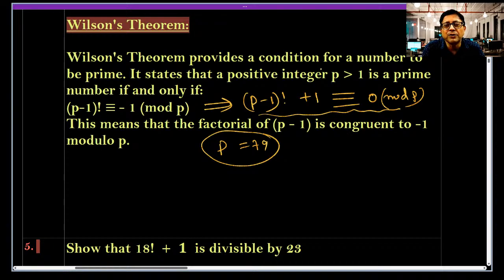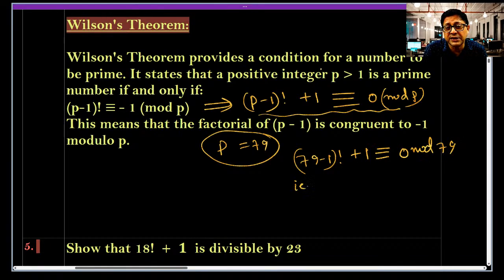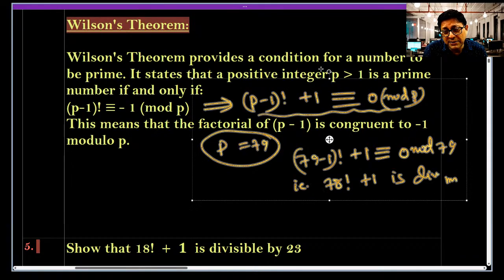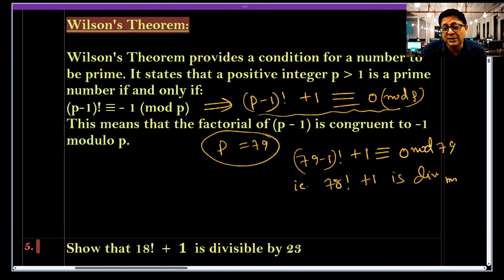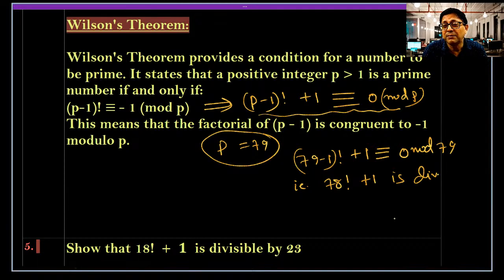But by taking p equal to 79, you can easily say that 79 minus 1 factorial plus 1 is congruent with 0 mod 79. That is, factorial 78 plus 1 is divisible by what? P is the prime number.